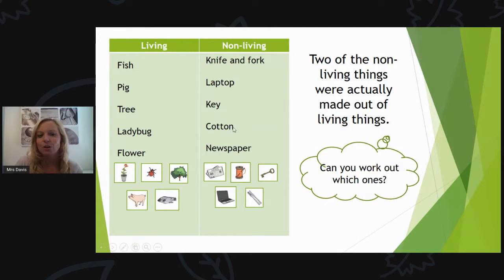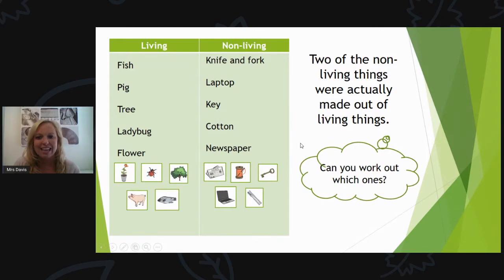And also the cotton. Cotton is made from a cotton plant. Again, it's a plant that's a living thing, and from that the cotton is made. So apart from your clothes and things like that, it was actually made from a plant, which was a living thing. So there we go.